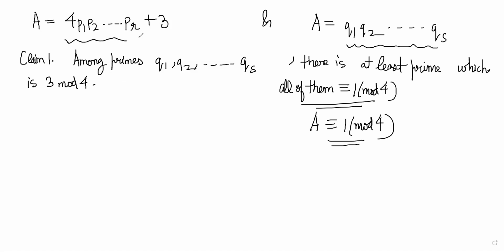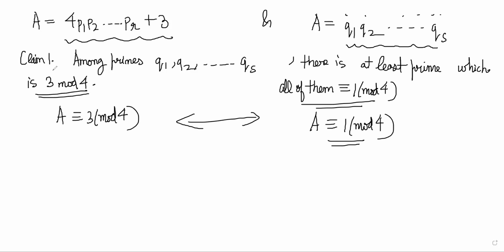But A was defined like this, and A is clearly 3 mod 4. So that means there is a contradiction between these two statements. That means all of the primes here cannot be 1 mod 4. Therefore, at least one of them must be 3 mod 4. So my claim 1 is correct. And so let Qi be the prime which is 3 mod 4.